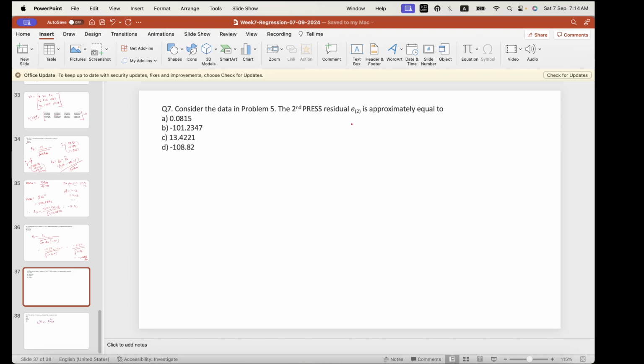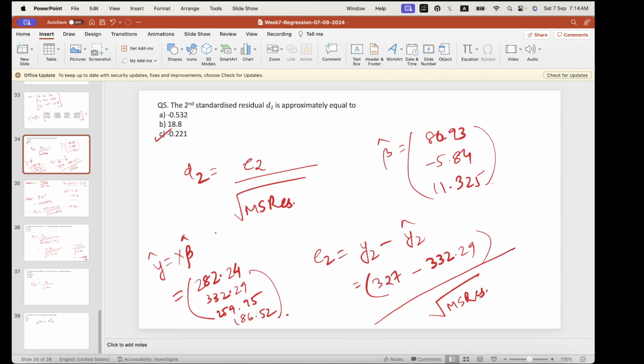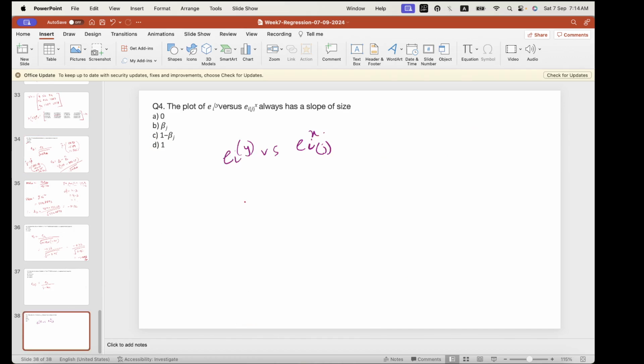But by the formula that relates PRESS residuals to usual residuals, we can easily find it. That will be e2 by 1 minus hii, and e2 we have found out is 327 minus 332.29.